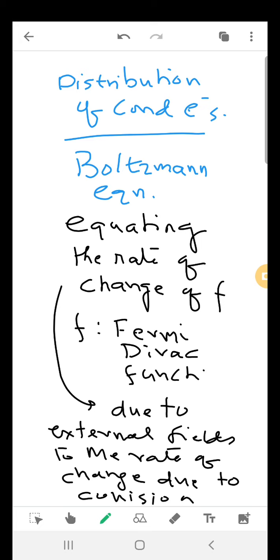So it is the rate of change of F due to external fields equated to the rate of change due to the collision mechanism.